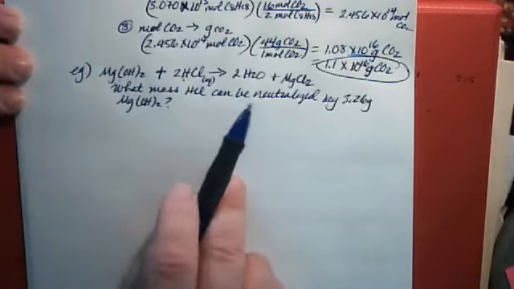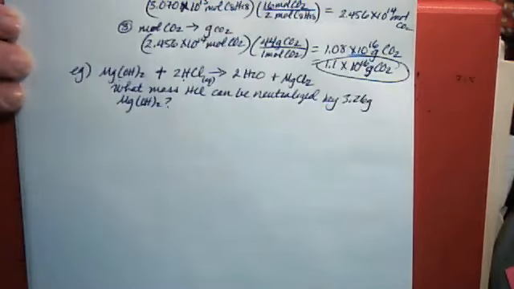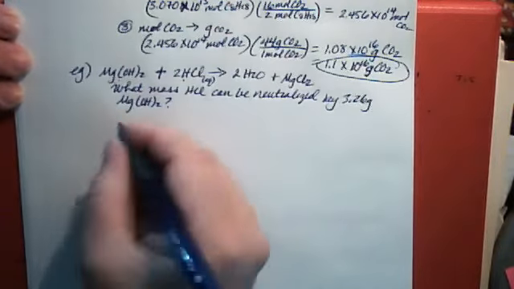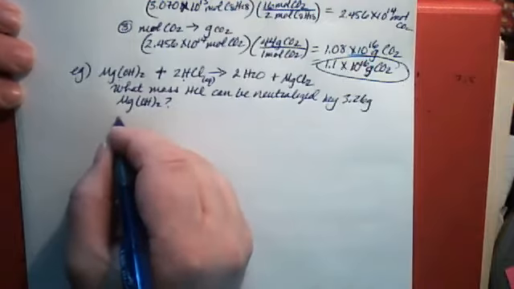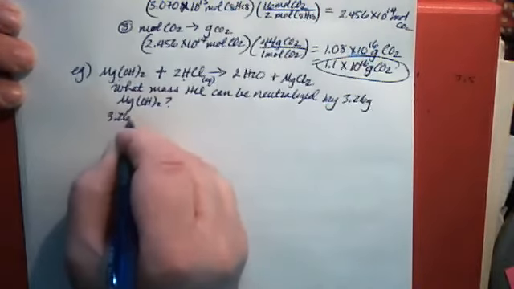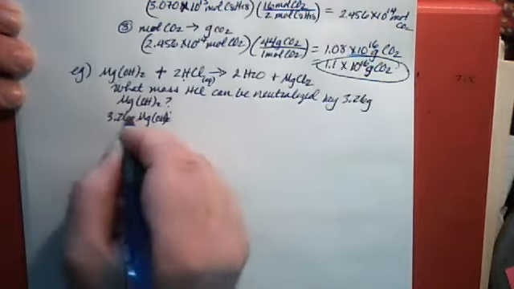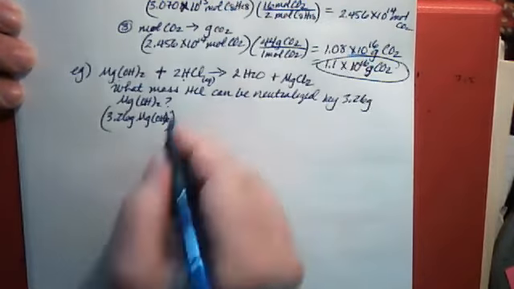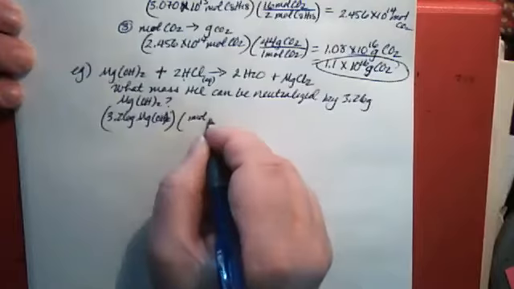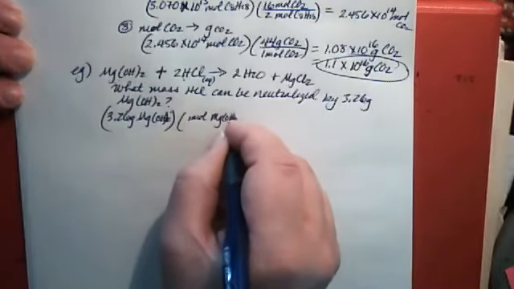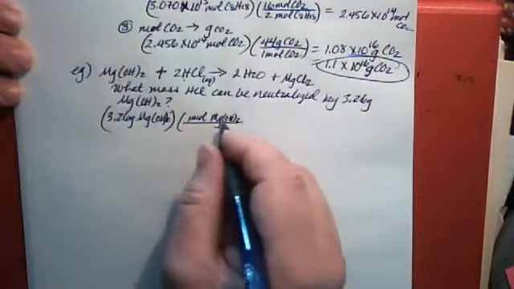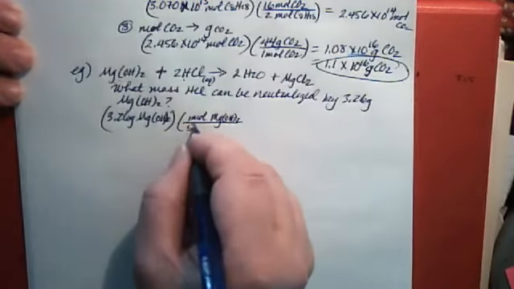But similar to the previous example, if we want to go from grams to grams, we have to go by way of moles. I'm going to do this all on one line to show you how to do that. So if we have 3.26 grams of Mg(OH)2, and there's 1 mole of Mg(OH)2 for every 58.3 grams.